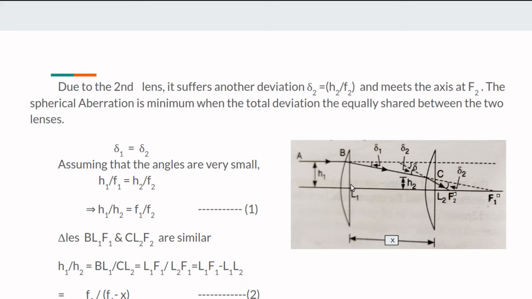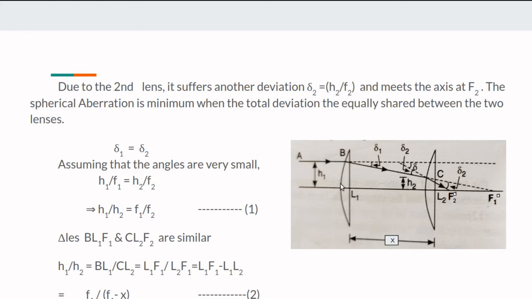Similar triangles means if two triangles are said to be similar, all the angles are equal. In this case, this is a perpendicular, 90 degrees. In this case also, if we draw a perpendicular, it is also 90 degrees. This angle is common for both the triangles. The first triangle is BL1 F1, the second triangle is CL2 F1, and F1 is common in both.